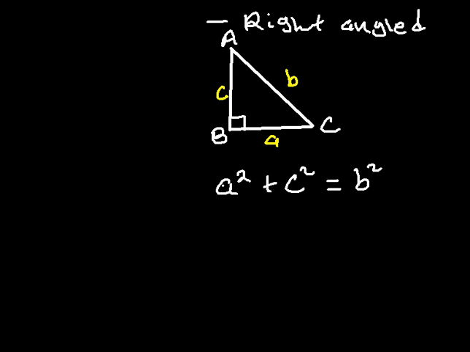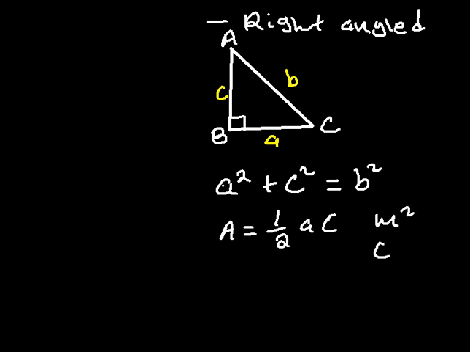And now, how about the area of a right-angled triangle? How can the area of the right-angled triangle be expressed? Now, this is only applied for right-angled triangles. So the area is given as half the base, which is a, times the height, which is c. The units for area are given as meter square.